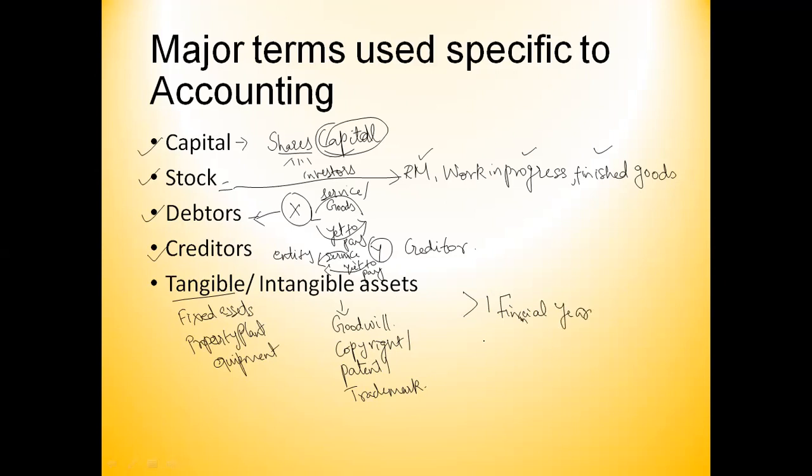So these are tangible or intangible assets. For both of these, the benefits are reaped for more than one financial year. Tangible assets are invested in one year, but the benefits are for more than one financial year. Intangible assets are the examples which I have given: goodwill, copyright, patent, trademark, and so on.